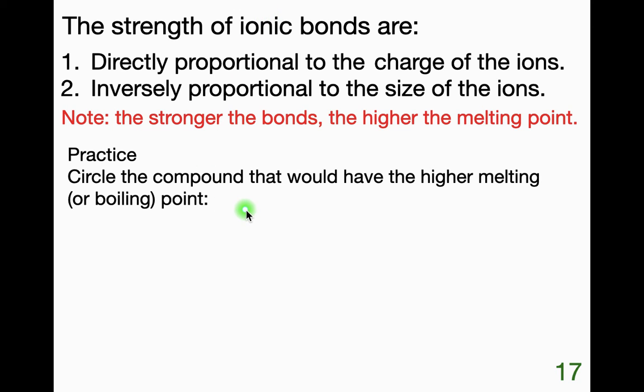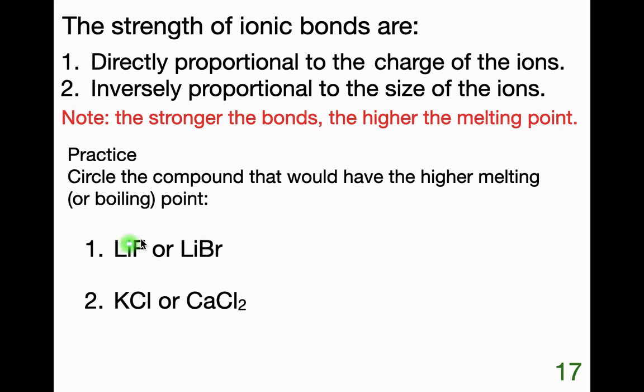Okay, practice. Circle the compound that would have the higher melting point or boiling point. We have two pairs to compare. First look at lithium fluoride and lithium bromide. This will help if you remember the size of the ion so you can determine it by location on the periodic table. Both of them have lithium, so lithium is not going to be a factor.